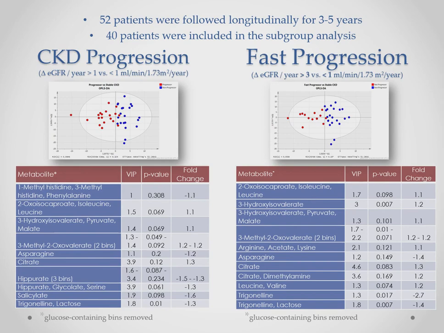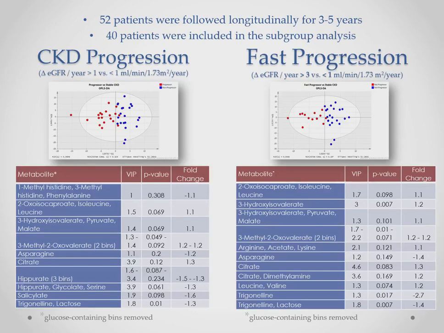Just to very briefly mention, at the end of the tables, you can see hippurate and trigonelline. Both metabolites actually have been linked to low consumption of plant food. And I mentioned in the beginning that we balance our protein intake and acid production by intake of fruits and vegetables and base-producing food.